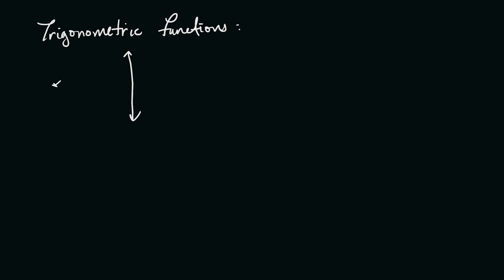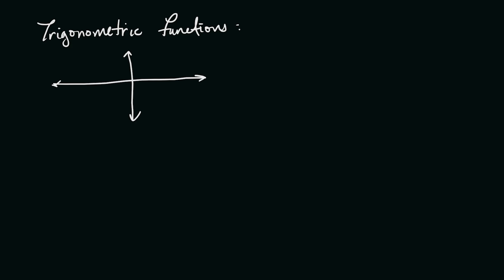Now, the next one, we're going to be talking more about trigonometric functions. We have two main functions that we mainly talk about here, and one of them is the sine function, right?